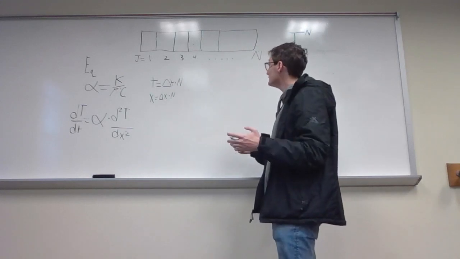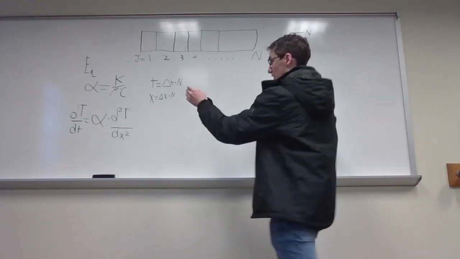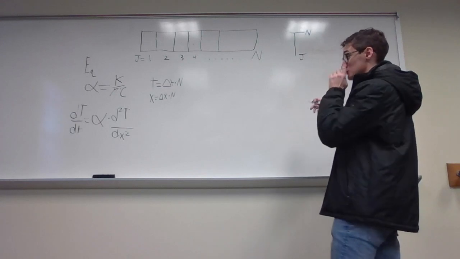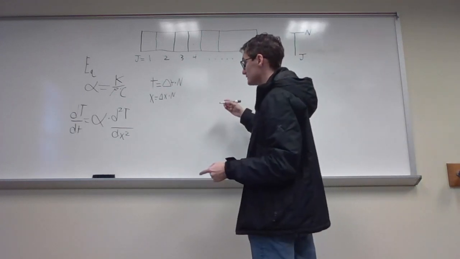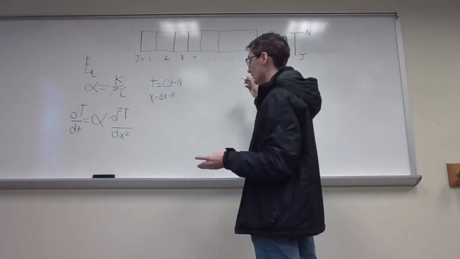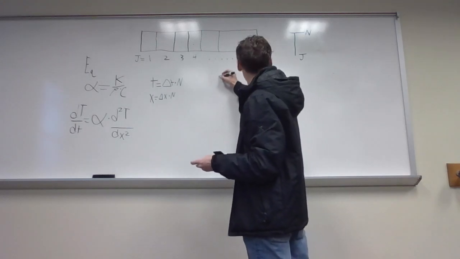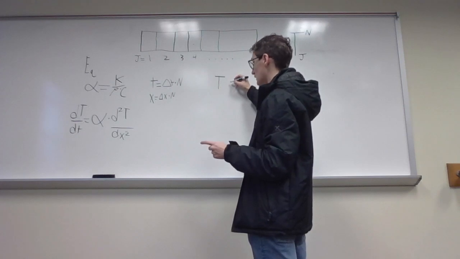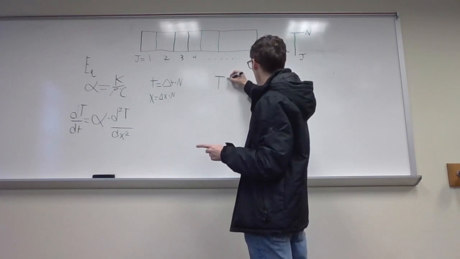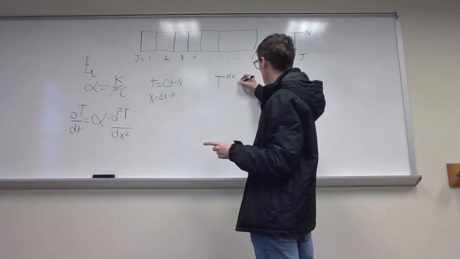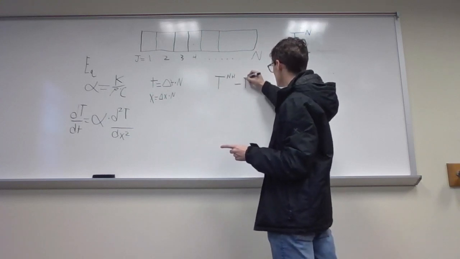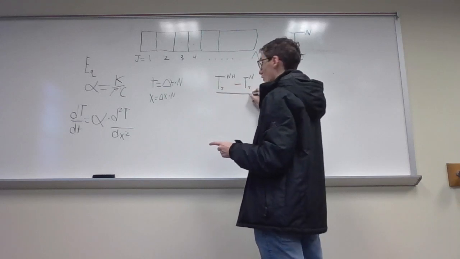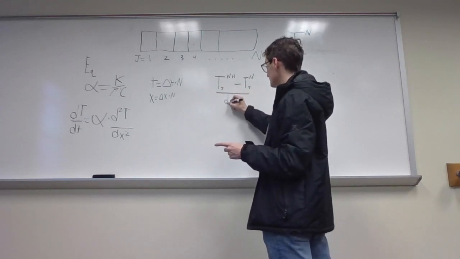Now we need to write this equation in these terms. Our first one is dT over dt, temperature over time. So we're going to have T at time n plus 1 minus Tn, these are both going to be at the same position, all over delta t.